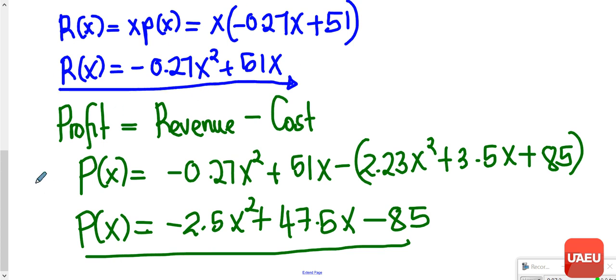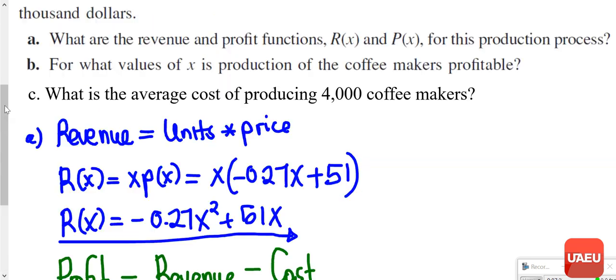All right, as I said before, we are not going to do part B, we are going to do part C only. Part C then asks us, what is the average cost of producing 4,000 coffee makers? Now, I'm going to ask you to remember, once again, what the average cost is.